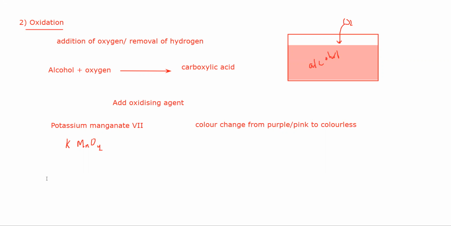And you can have another oxidizing agent which is called potassium dichromate 6. It will change its color from orange to green.